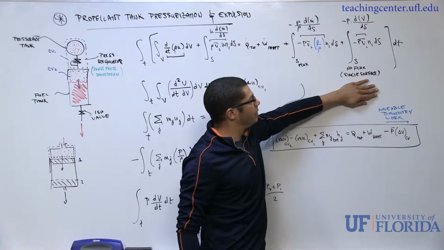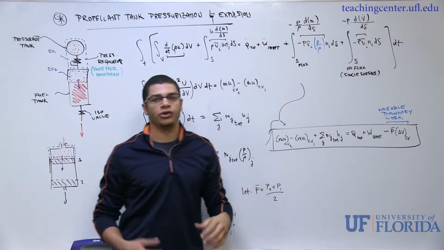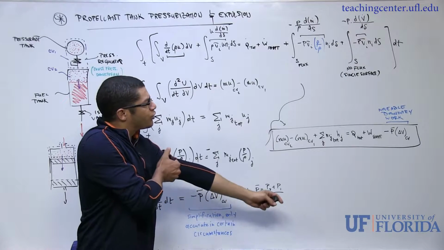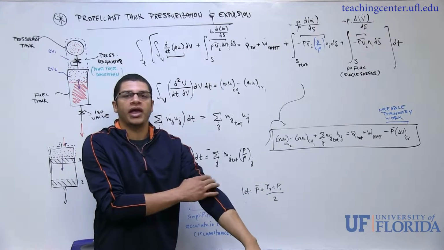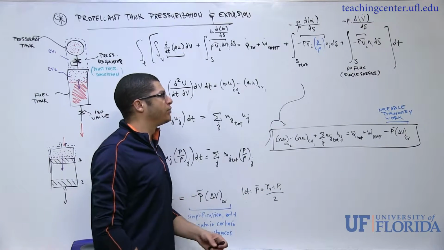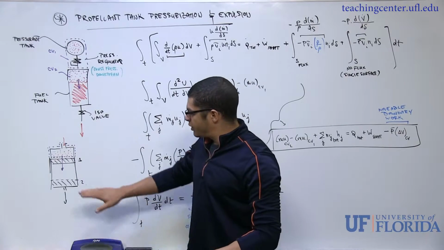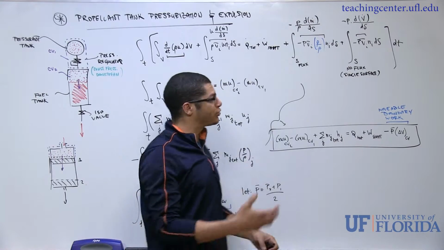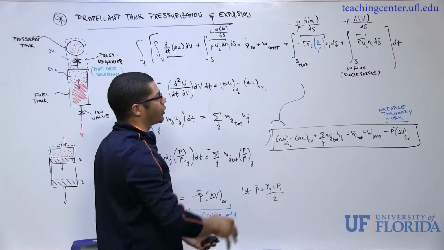Now finally, this last term here, which we associated with a deformable control volume, I'm going to assume that it's only deforming at a single point, okay? Akin to this problem here, where we've just got this lower boundary that's moving. So a single surface with no flux through it.